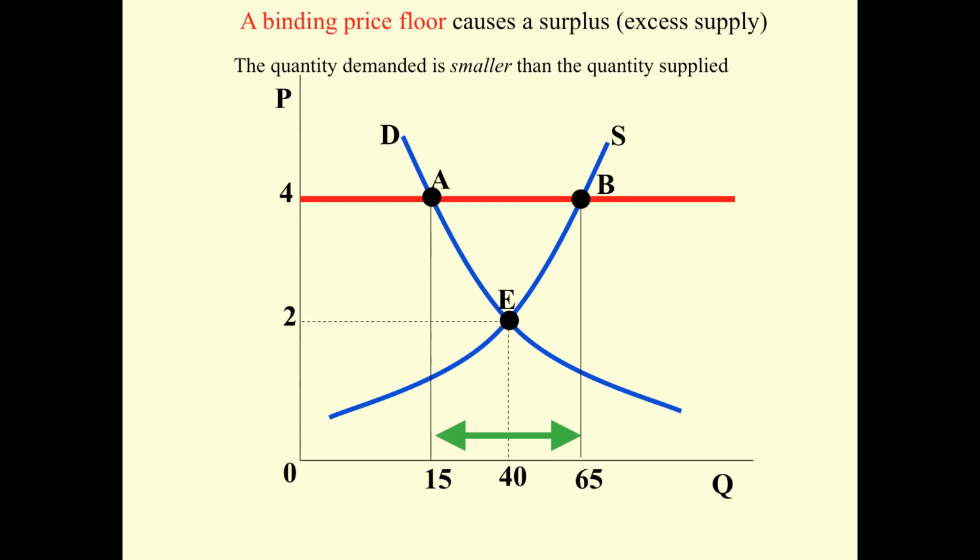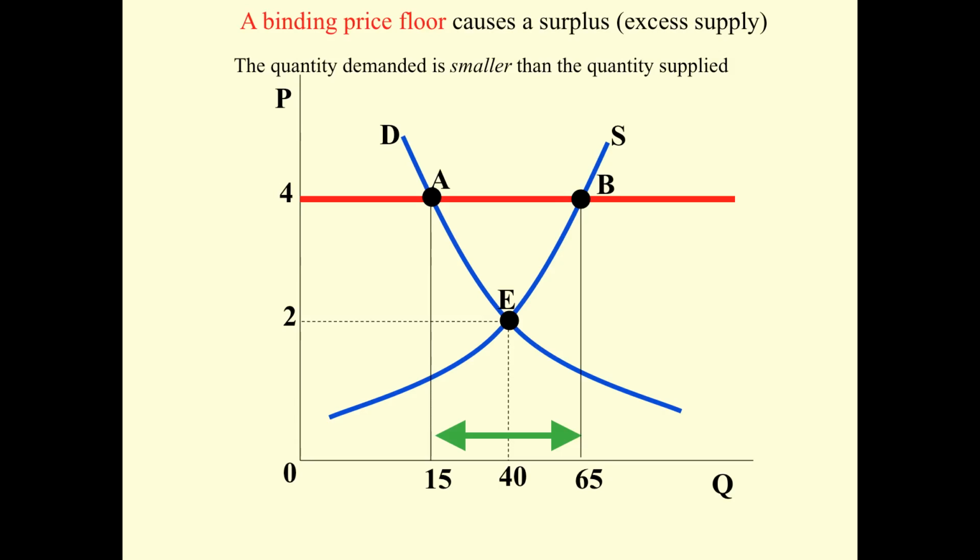So here's a picture of a binding price floor. So our equilibrium price, as before, is $2, and at that price 40 units are supplied, 40 units are demanded. If the government comes along and says, well, really there needs to be a higher price for that because producers aren't getting enough income, then they raise the price floor to $4.